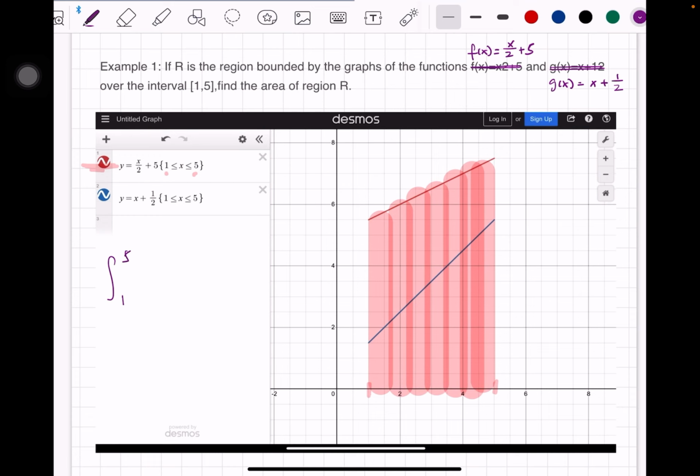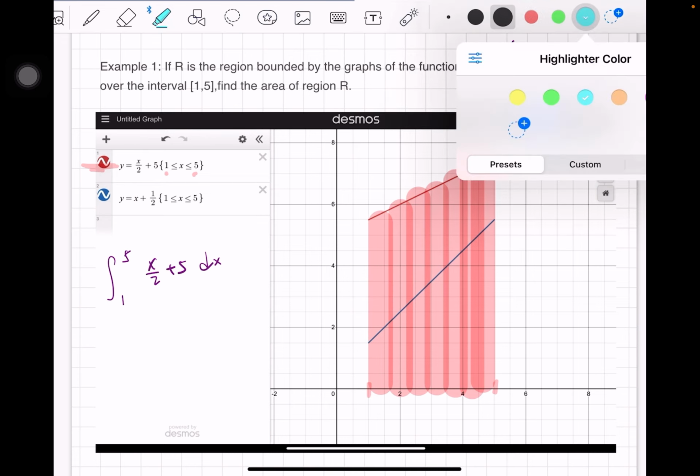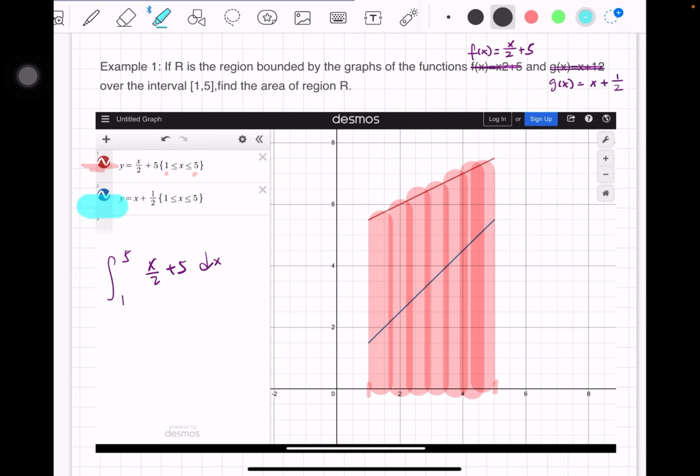So the integral from 1 to 5 of x over 2 plus 5 dx gives me the area of this red shaded region. Now if I do the same thing for the second function, y equals x plus 1 half, the integral will give me the area of this shaded region.